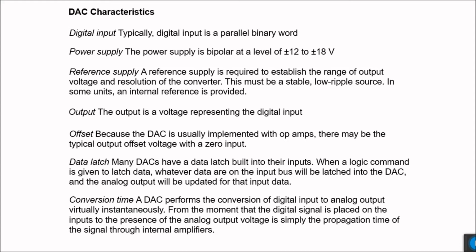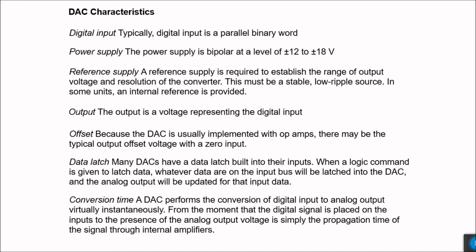Then in many DACs there is the option of a data latch. What is a data latch? A data latch is a function that whenever the inputs of a DAC are changed, the output is not suddenly changed.